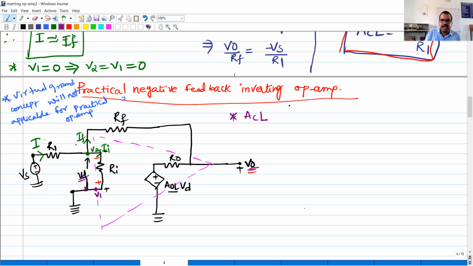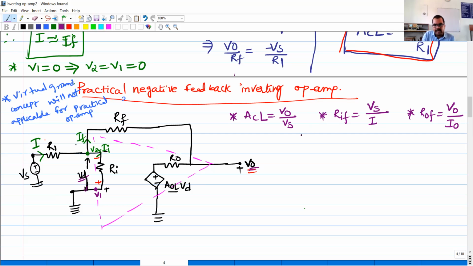The closed loop voltage gain formula is output voltage by applied voltage Vs. Second, we are going to calculate RIF, the input resistance, which is equal to applied voltage by input current I. Third, we are going to calculate ROF, which is equal to output voltage V naught by output current I naught.